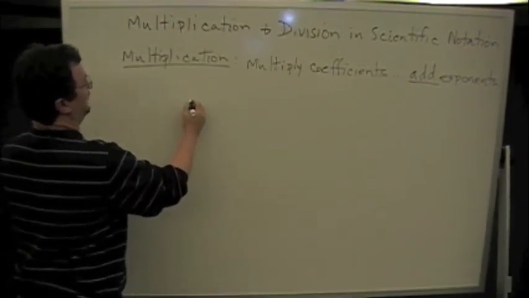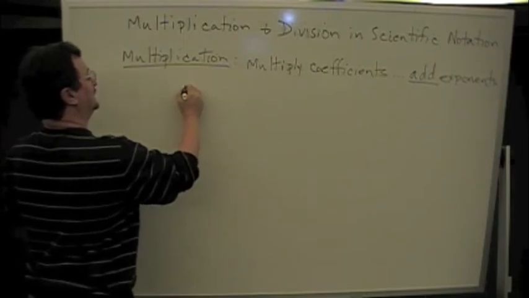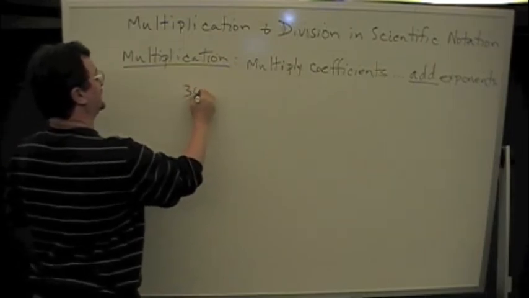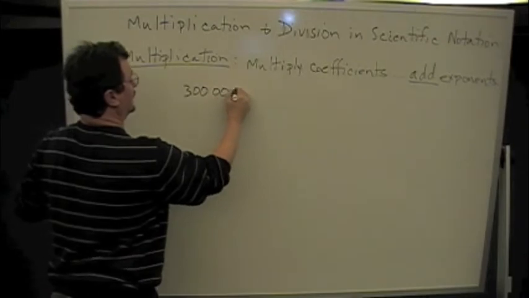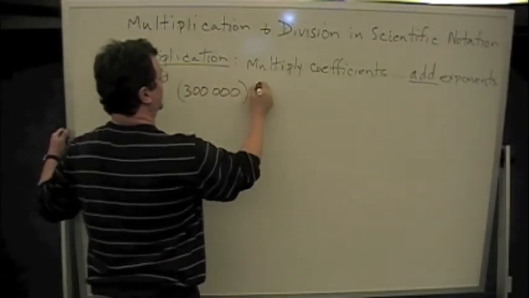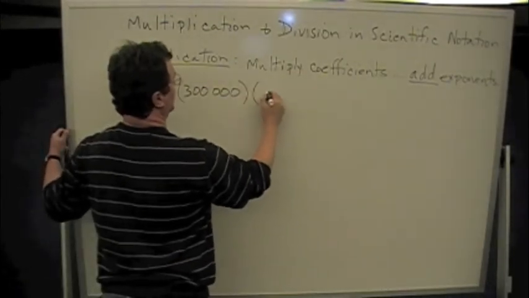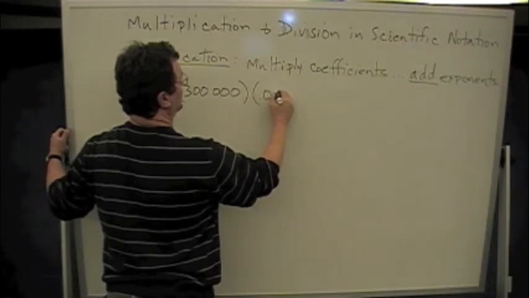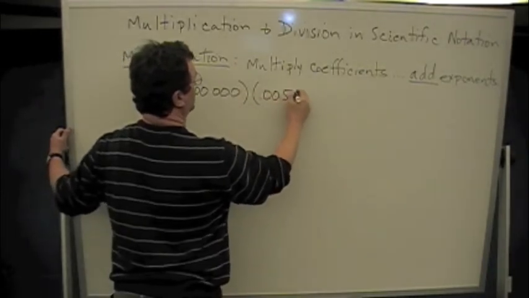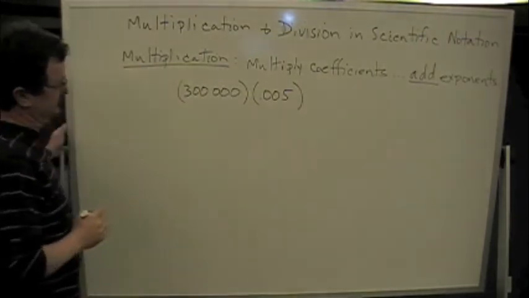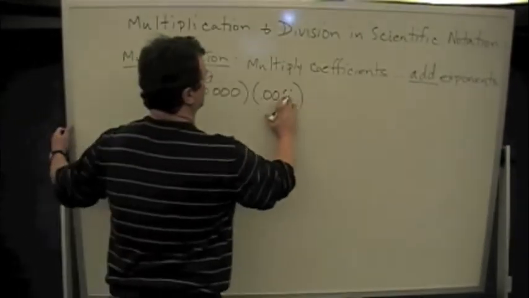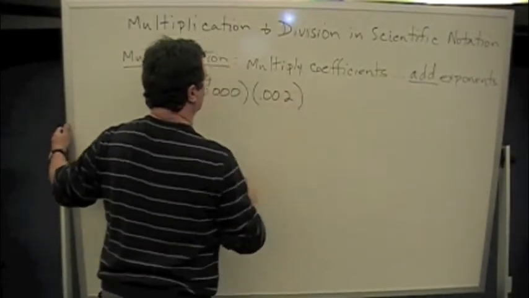So let's say we have 300,000 times 0.005. No, better yet, 0.002.